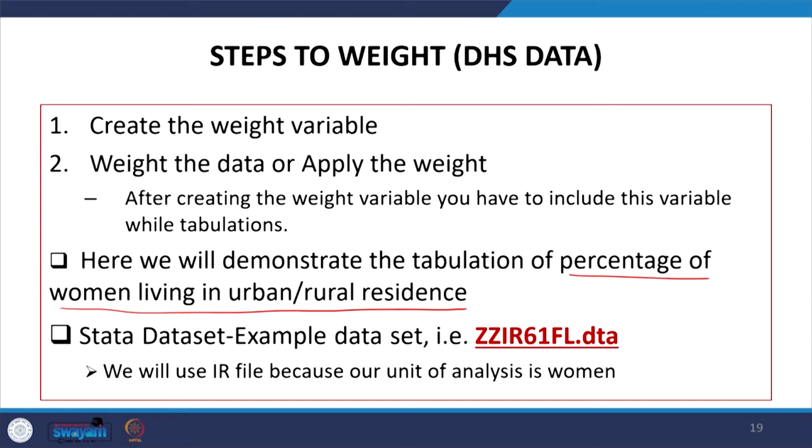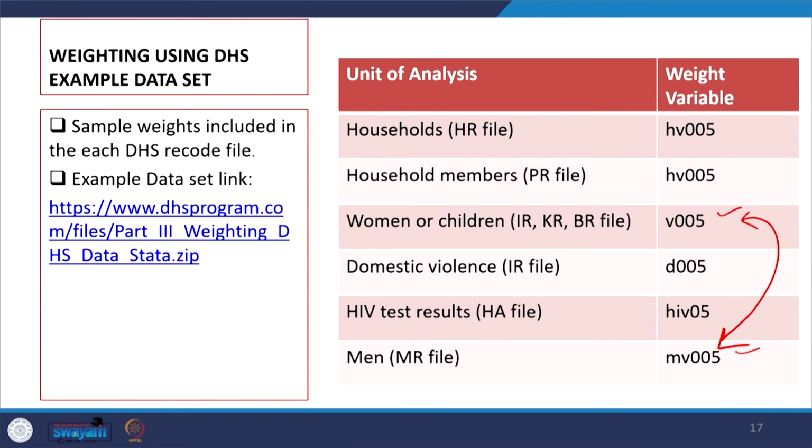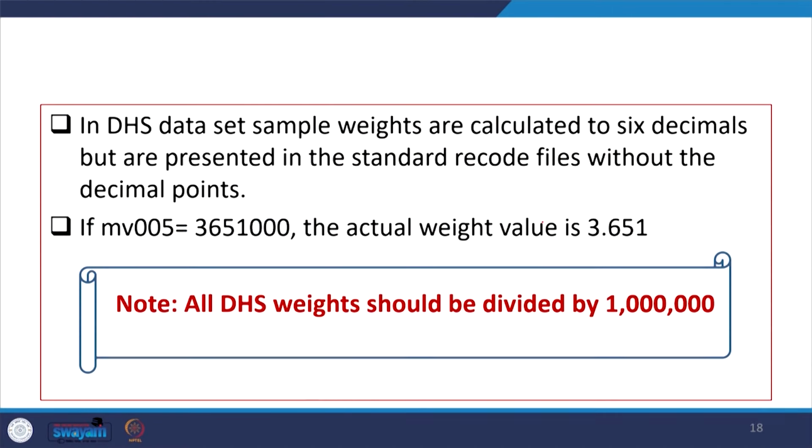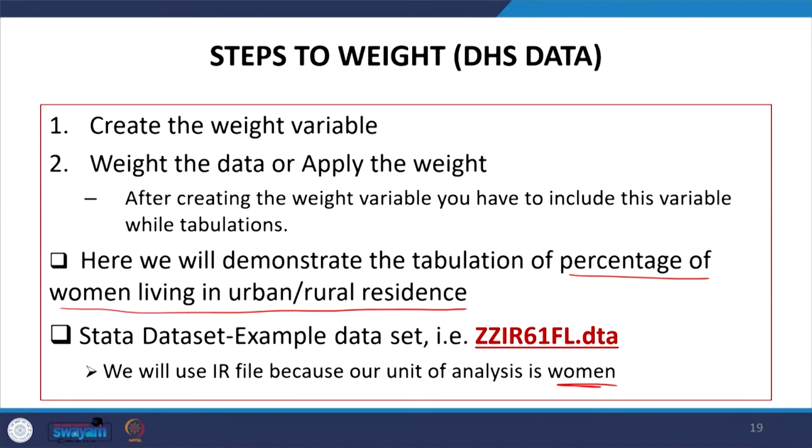We will use the individual record file because our unit of analysis is women. I have already guided you on this. This individual record file is the IR file; the women's file, not the children or birth file, is important. The individual record file should be opened, not any other file.